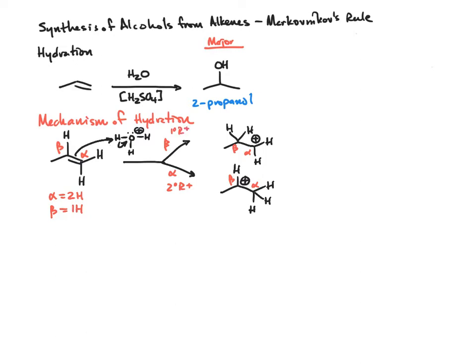And we know from our analysis of reaction coordinate diagrams that a secondary carbocation is more stable than a primary carbocation. So if we look at how this proceeds over time versus energy, on the y-axis, our alkene is starting at some energy.